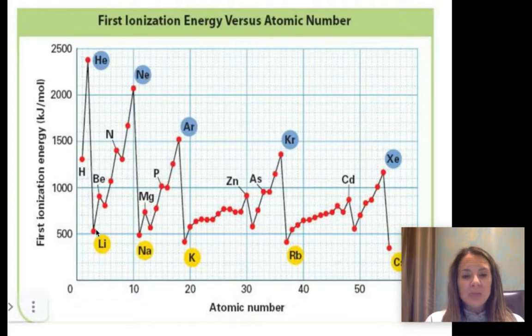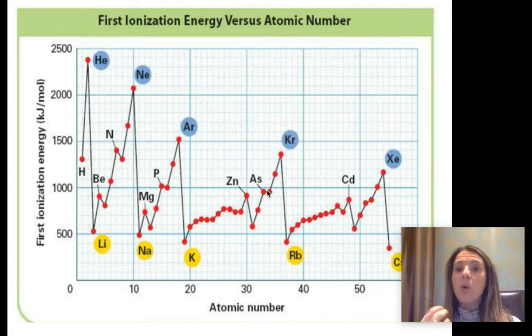Now, notice with this graph, we can still state some trends. We have an overall upward positive trend happening going from lithium to neon, so that's considered to be a period. Same from sodium to argon. Now we notice that we have some little blips here, and some of these little blips occur with some of our transition metals, and that gets a little bit more tricky when we get into quantum chemistry and different orbitals and so forth.